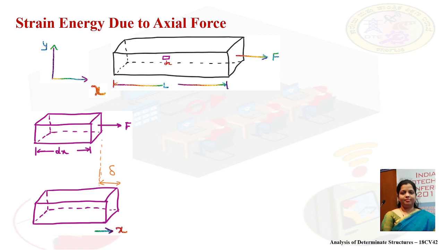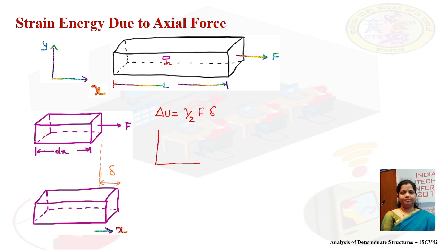Due to this application of force, there is an elongation created in the element of length delta, as indicated. So for this we can write the strain energy. Strain energy delta U is given by half into force applied F into deformation happened delta. So how does this half into F into delta come into the picture?